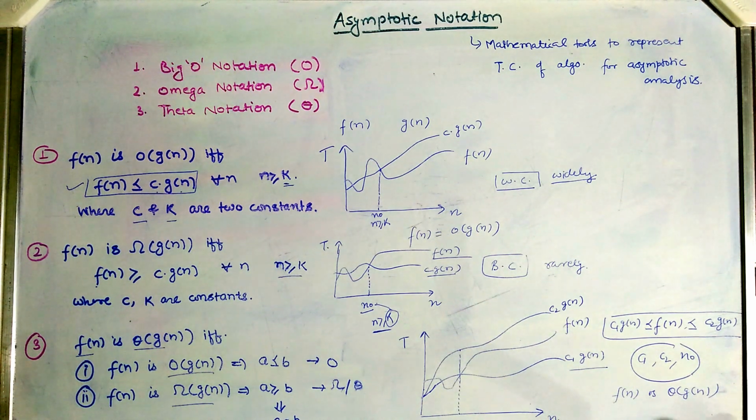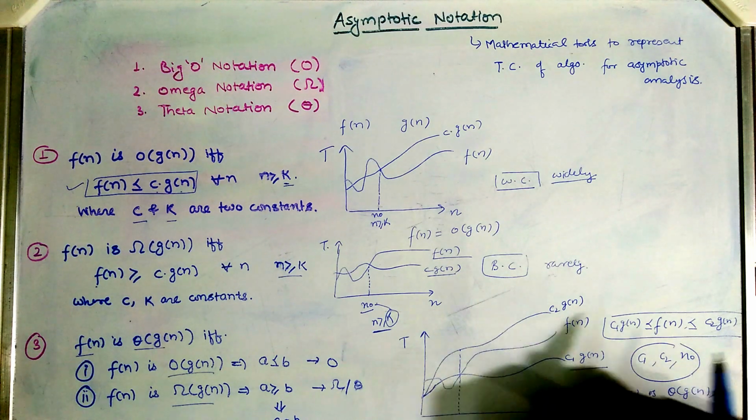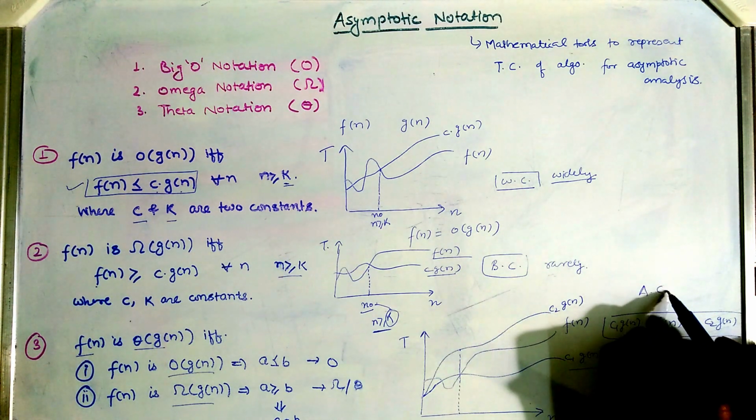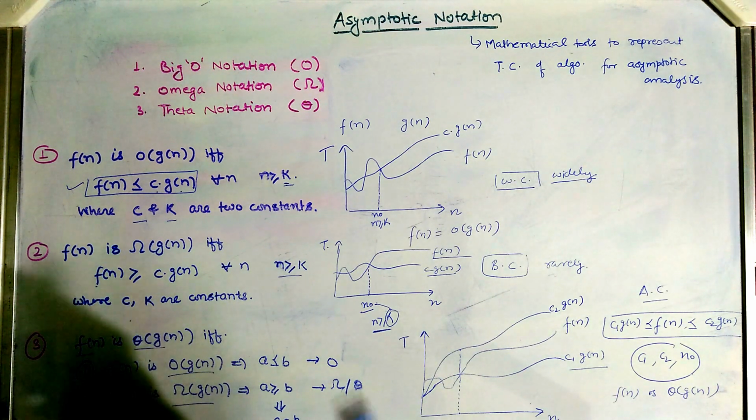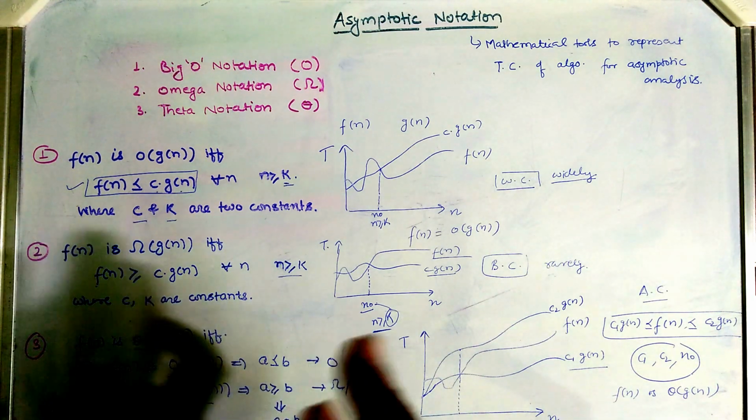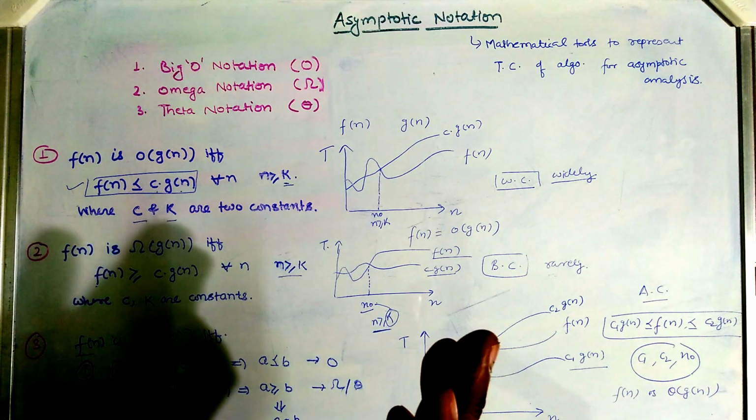Generally the theta notation is used to do the average case time complexity analysis of an algorithm. So this is all about the asymptotic notations. These three notations are widely used in the analysis of algorithms.